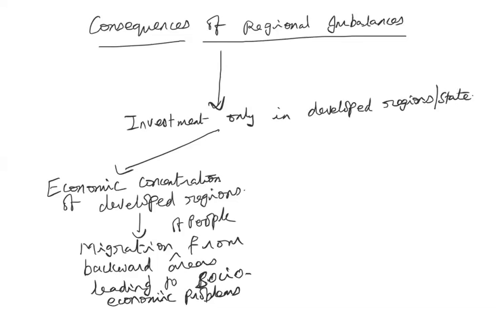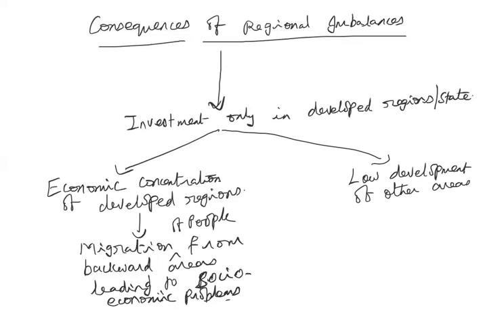Okay, what is the other consequence of investment only in the developed regions? The low development of other areas. The other areas will not be able to develop because all the investment, all the concentration, is going entirely to the developed regions.